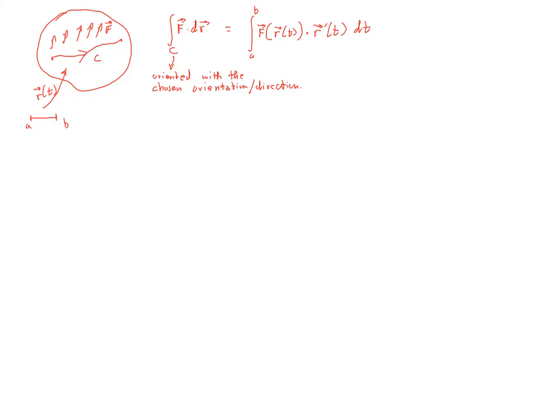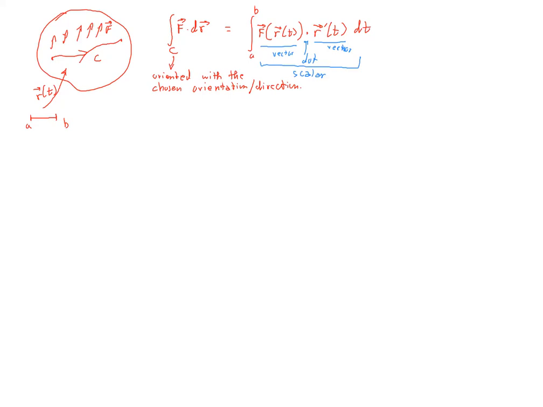So just to make sure that we understand the structure of this particular integral, this is a vector, right? This is another vector. And when we take the dot product, the whole thing becomes a scalar. And we just integrate this function that we find.